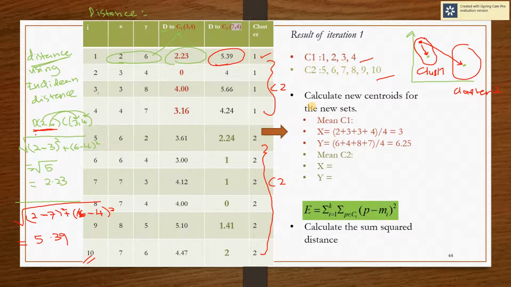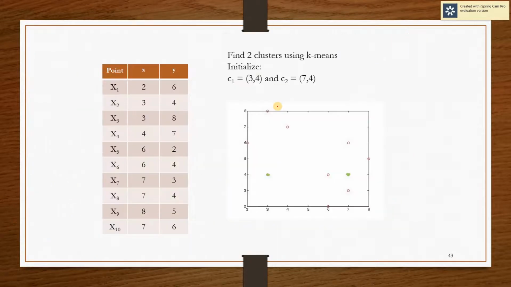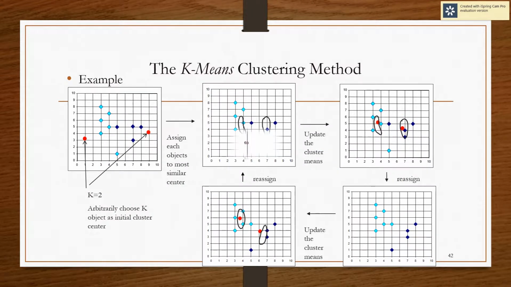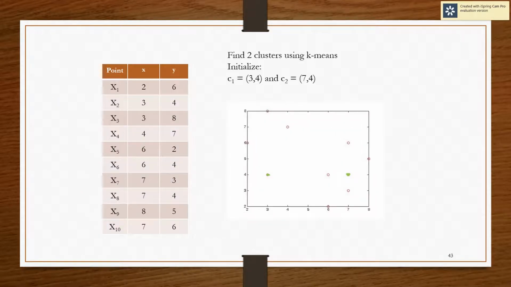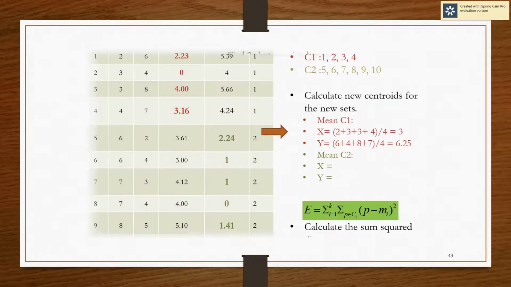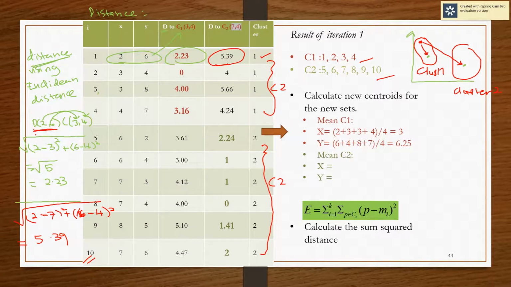Next you need to do the iteration, because this is not the optimal cluster yet. So that is why when the examination question says, apply the k-means algorithm to produce two clusters, for example, you need to do the process of finding the optimal cluster.